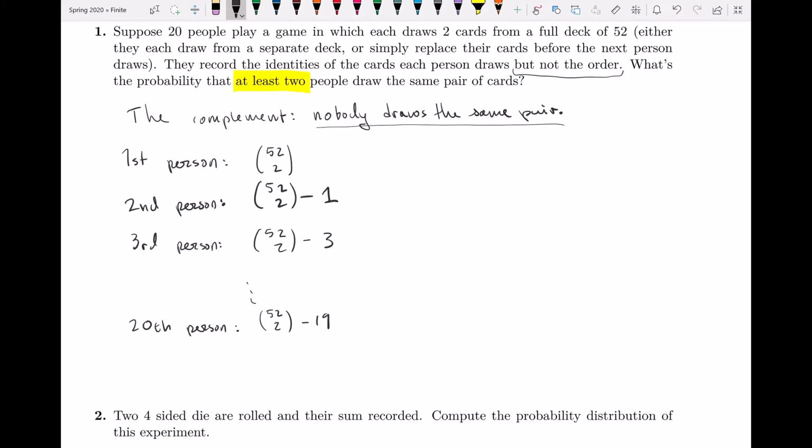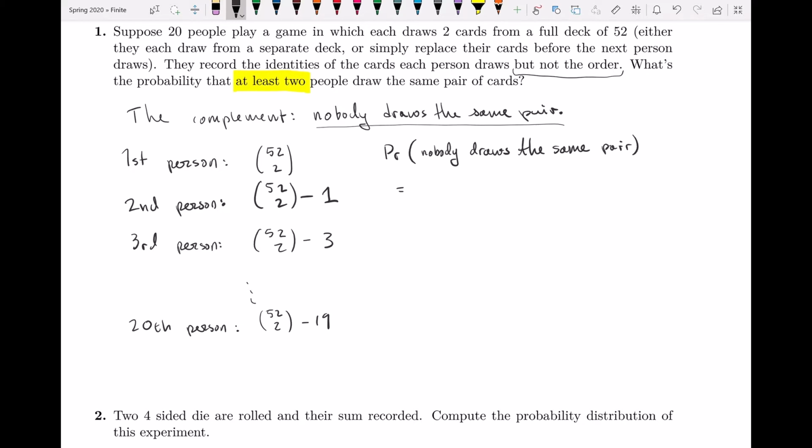Alright, so the probability that nobody draws the same pair equals, well, it's the product of all these things, since all of these things have to be true simultaneously.